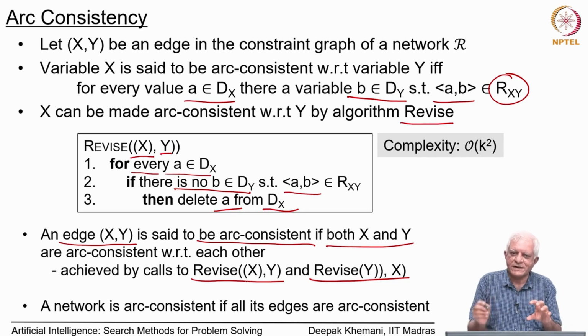So, we say x is arc consistent with respect to y, or you can take a value from y and you will find a value in x, then we say y is arc consistent to x, and if both are the case, then we say that the edge is arc consistent, and if all edges are arc consistent, then the network is arc consistent. So, let us look at an algorithm for making a network arc consistent.